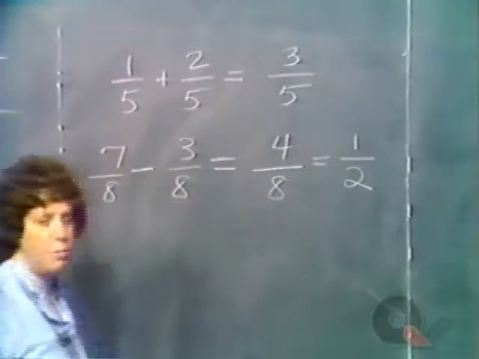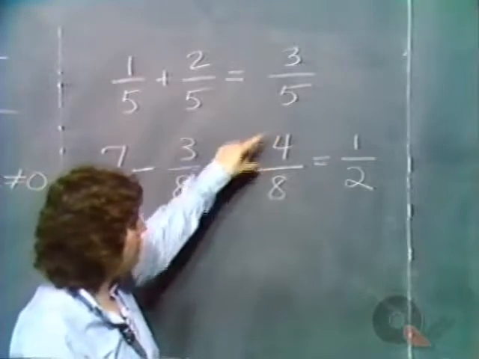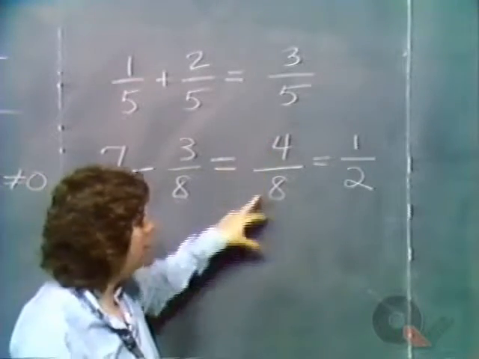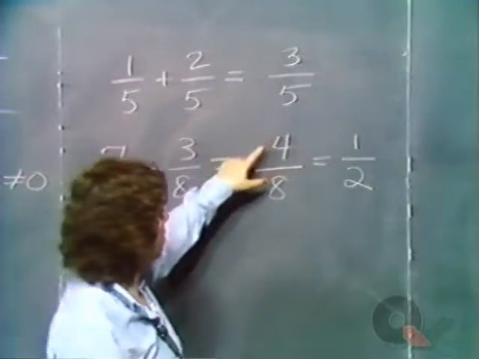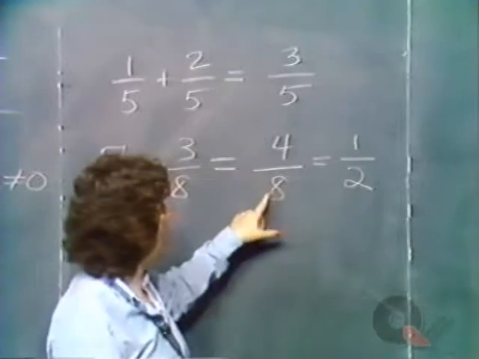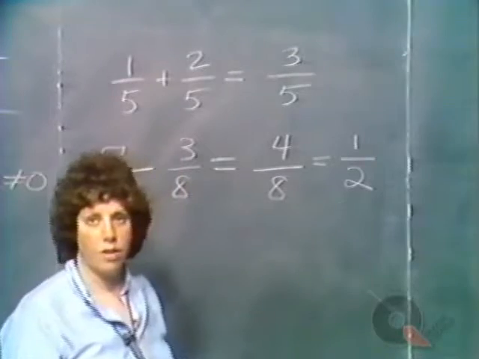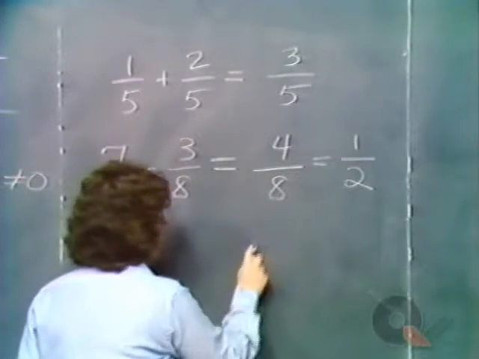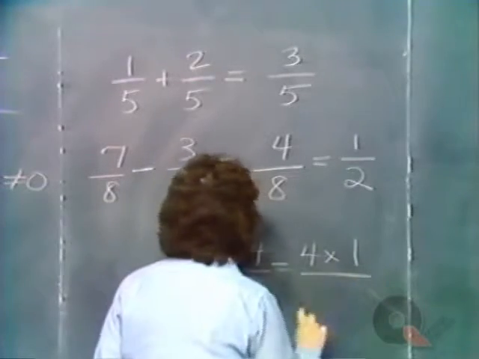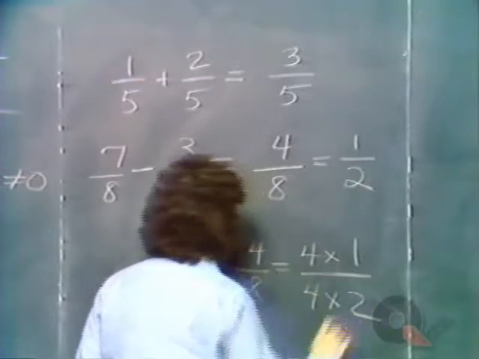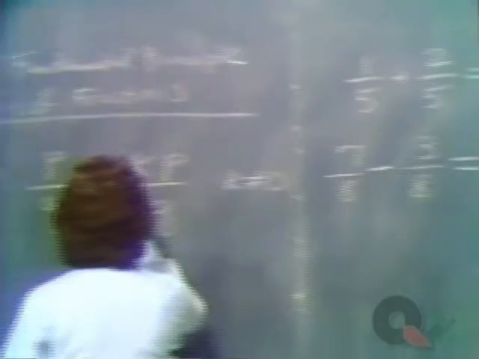Remember, using the fundamental principle of fractions, you can divide top and bottom by the same non-zero number. So if we divide top and bottom by 4, 4 divided by 4 is 1, 8 divided by 4 is 2. Or if you want to think of it this way, 4/8 could be thought of as 4 times 1 over 4 times 2, so it exactly matches what we had over here.